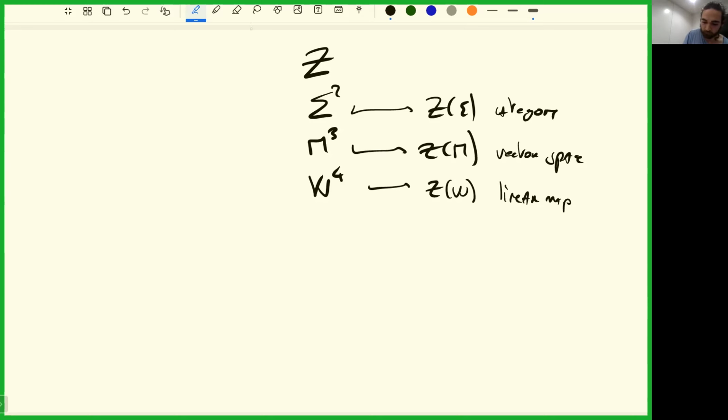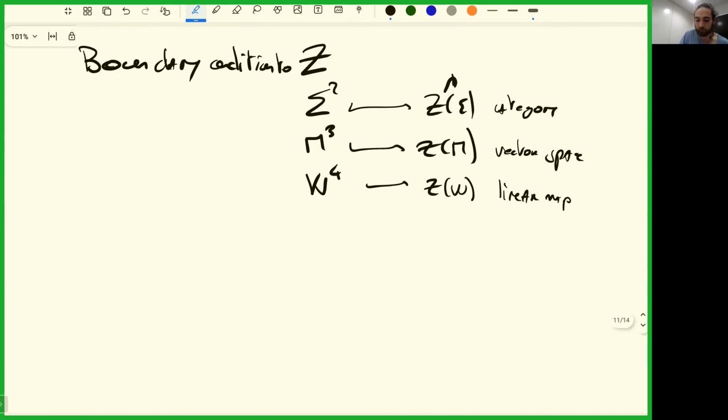And so a boundary condition to Z will be something that assigns to a surface a preferred object in this category, which we sometimes call a distinguished object.